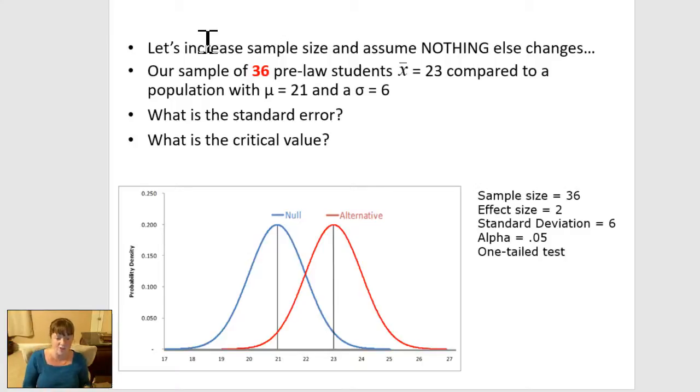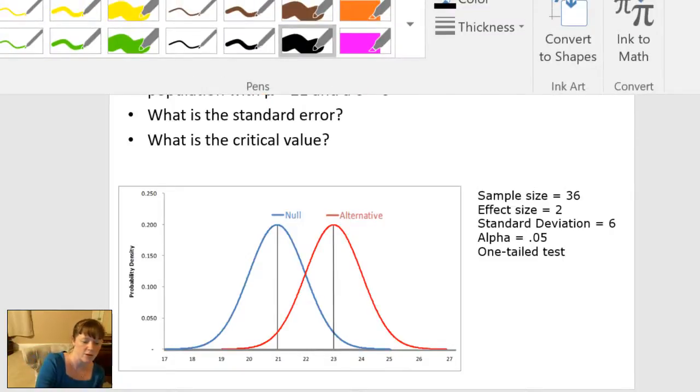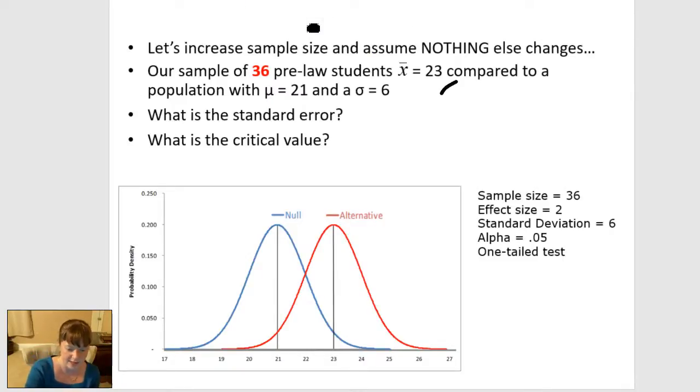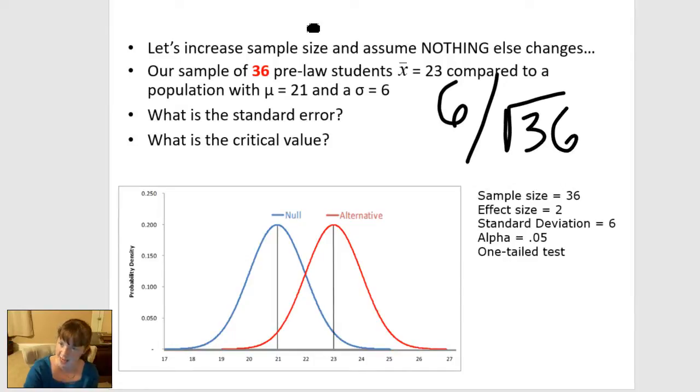And so now let's figure out what my standard error is. Nothing else has changed but my sample size. But now that sample average of 23 is based on 36 people. So let's see what that does. We get 6 over the square root of 36. And so now the square root of 36 is 6.